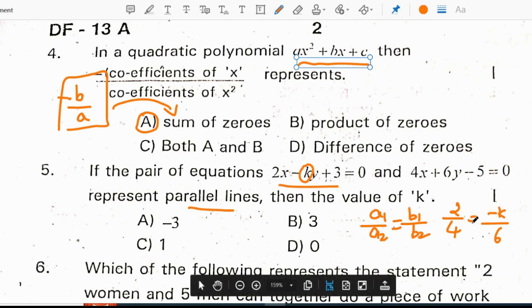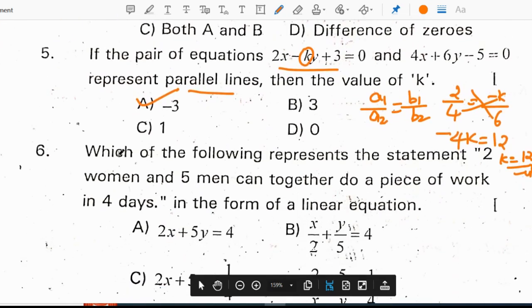When two ratios are equated, we need to do cross multiplication. Minus 4 into k is minus 4k, 2 sixes are 12. So k value becomes 12 by minus 4, which is minus 3. So the value of k is option A, minus 3.